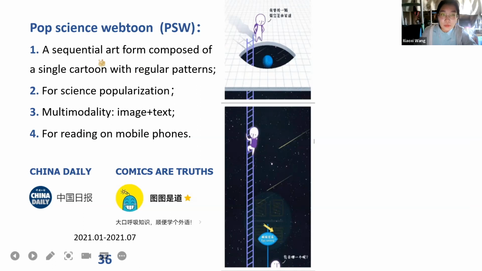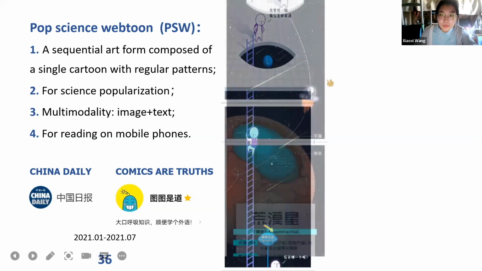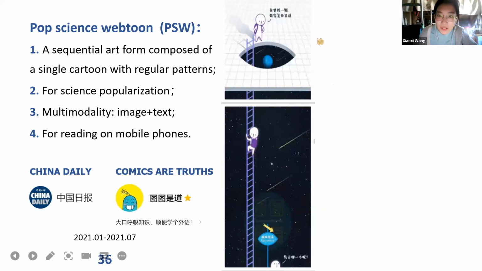It is a sequential art form composed of a single cartoon with regular patterns for science popularization. You can see this one. I don't know whether you can see this because something is covering the whole picture. Anyway, there's a boy here saying that he is going to find a brand new planet.